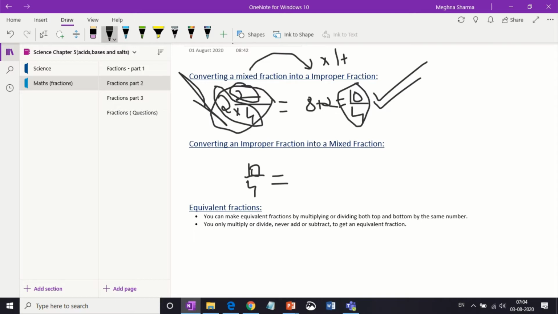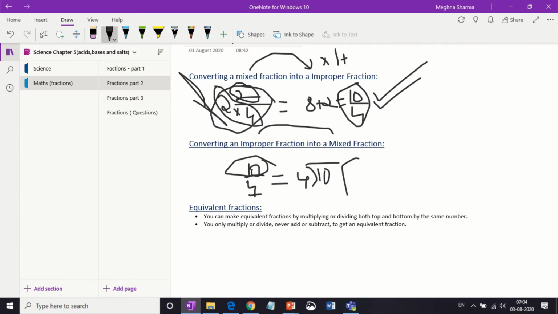But for converting an improper fraction into a mixed fraction, you have to do division. Let me tell you how. This is the numerator. As this is big, this will go inside the division, and this 4 will be outside.